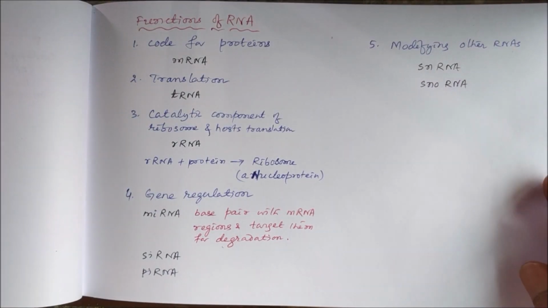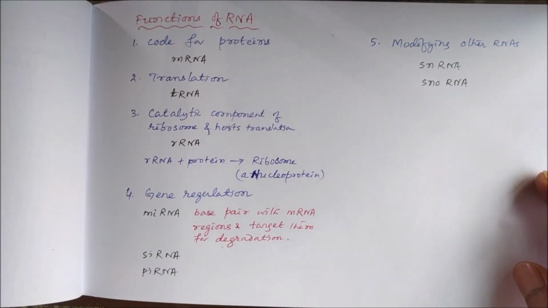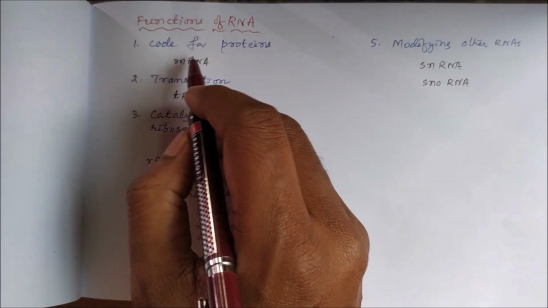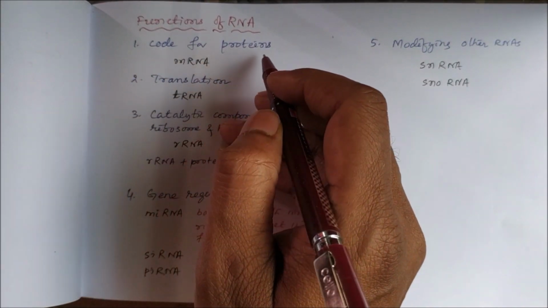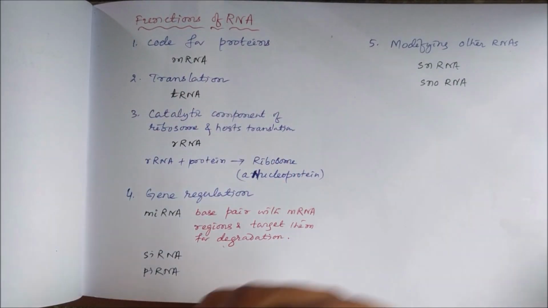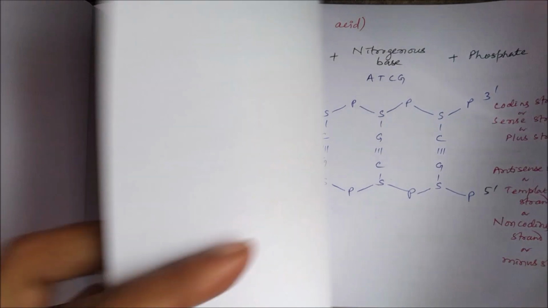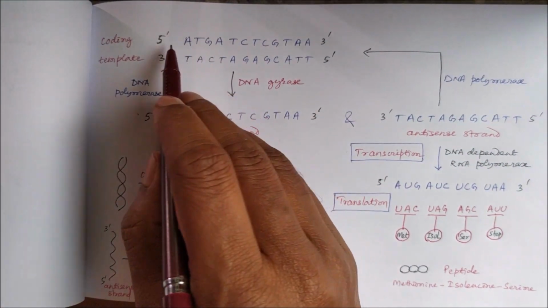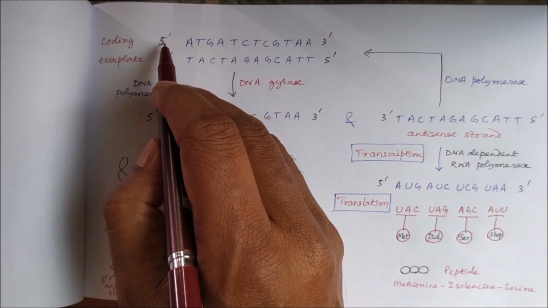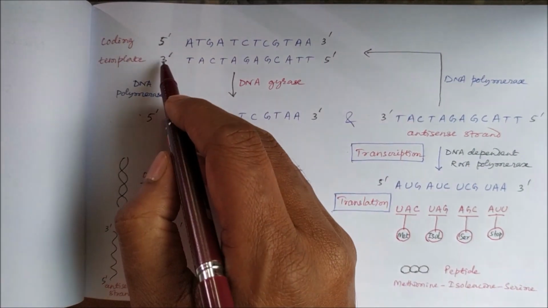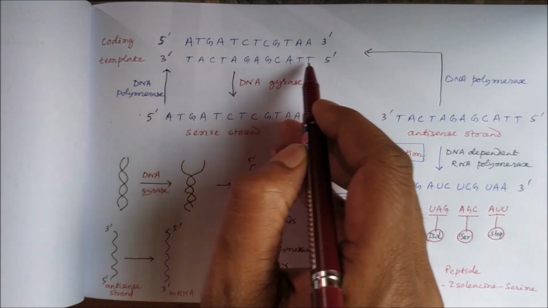Then, we have just discussed the functions. So the functions of RNA: the major function is they act as code for proteins, and an example is messenger RNA. And we can see how this messenger RNA forms. Suppose this is a DNA strand, one strand is from 5' to 3' direction, and the other strand is 3' to 5' direction.